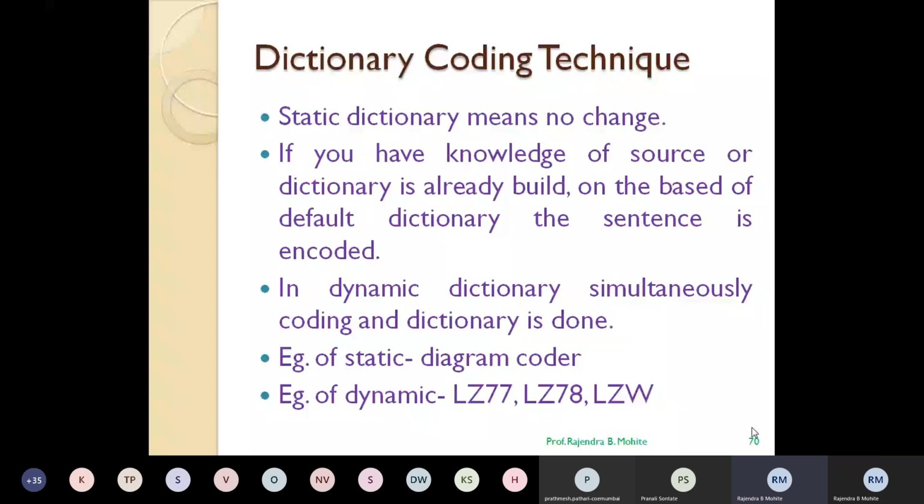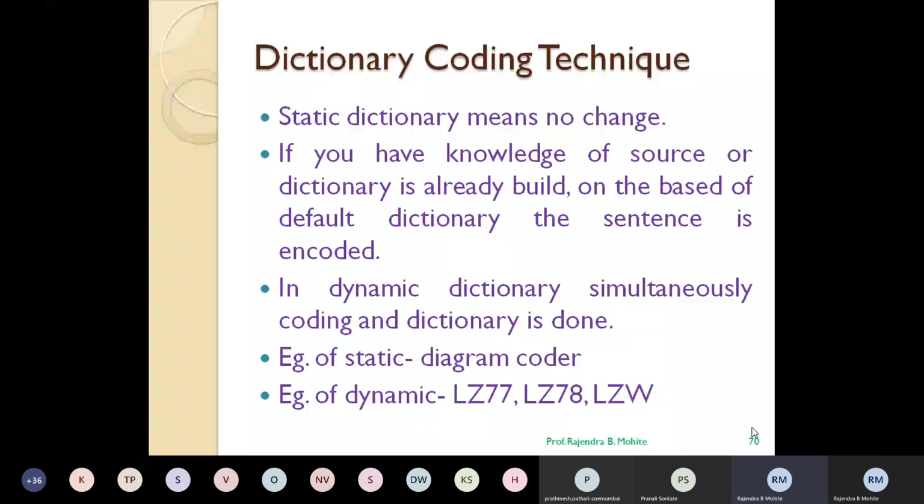In a dynamic dictionary, coding and the dictionary are built simultaneously. So simultaneously coding and the dictionary are done as far as the dynamic dictionary is concerned. For example, we have seen here there are four types of dictionary technique.